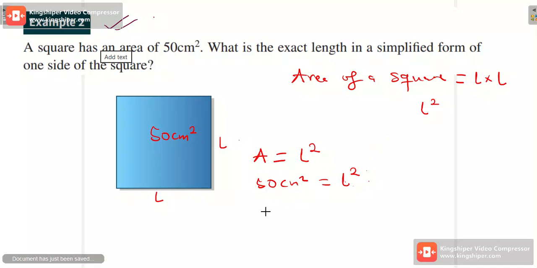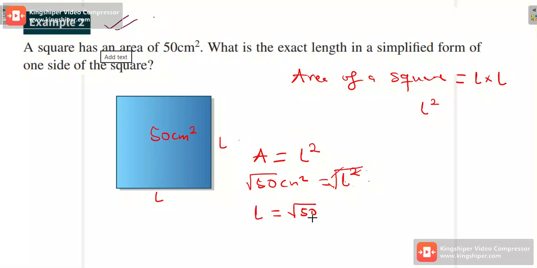So to get the value of L, we need to square root here, because if I square root here, the square will cancel the square root. But once I have a square root here, I have to also do the same thing to this. So my L is going to be equal to the square root of 50.